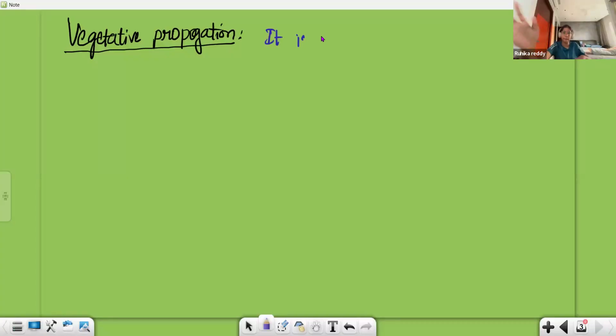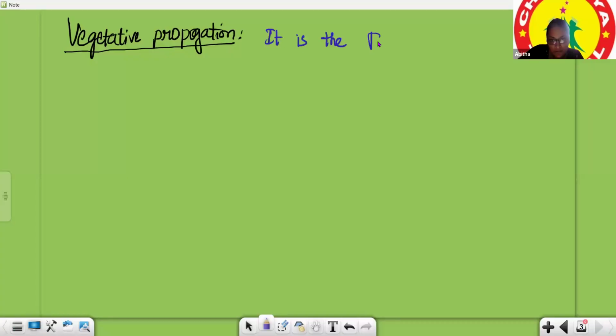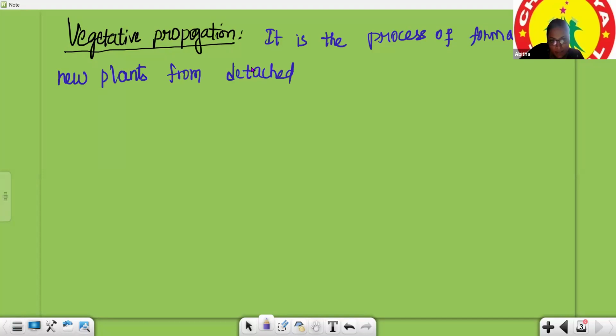Please write down. It is the process of formation of new plants from detached. What is the meaning of detached? That is removed.